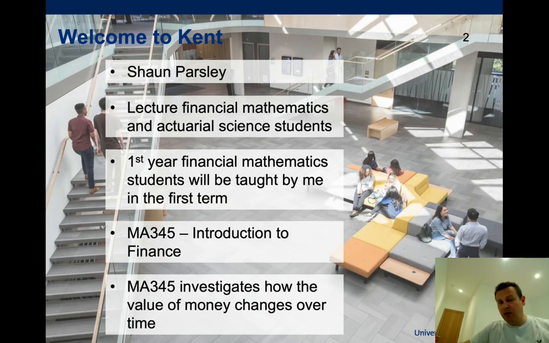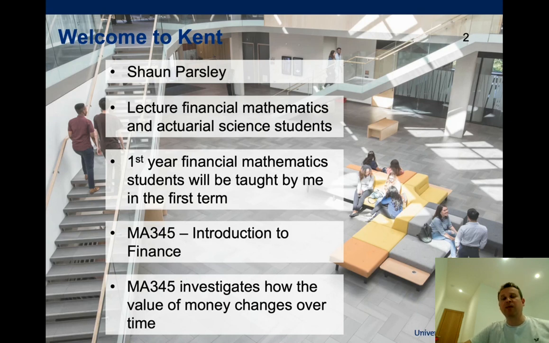As you can see from the bottom bullet point there, it investigates how the value of money changes over time. So we all understand the concept that £1 today won't most probably be worth the same as £1 in 10 years' time, due to a number of reasons.